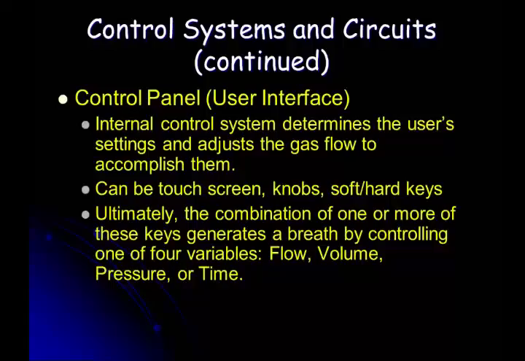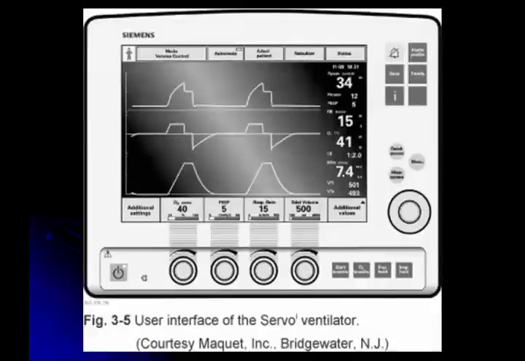So every mode of ventilation is a combination of manipulating one or more of those four variables. And then this is the Servo-i, you can turn knobs, you can touch something and make a change with the larger rotary knob, click it. Did I mention that you have to click it to make the change permanent?